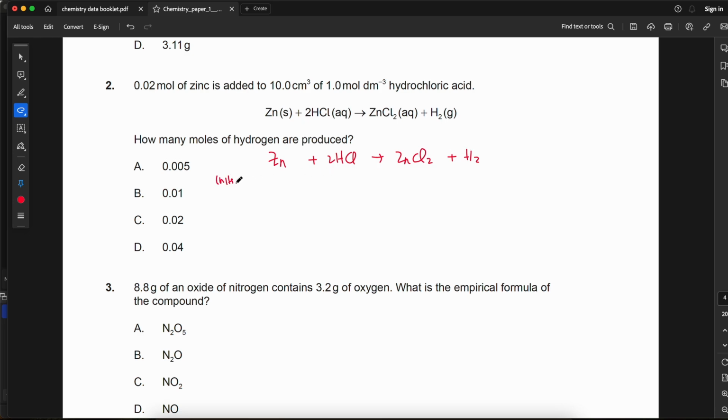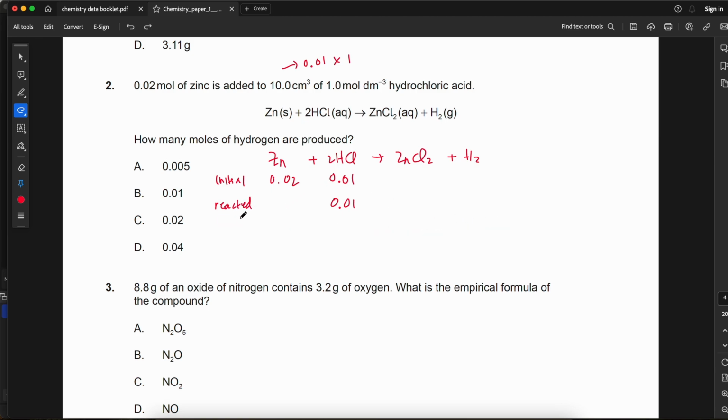So initial here is 0.02, and for hydrochloric acid it is 0.01 times 1, because the volume is 10 centimeter cube divided by 1000 is 0.01, and then the concentration is 1, so you will get 0.01. So obviously HCl will be the limiting reactant because it has the smaller mole. So this will be finished, so reacted.